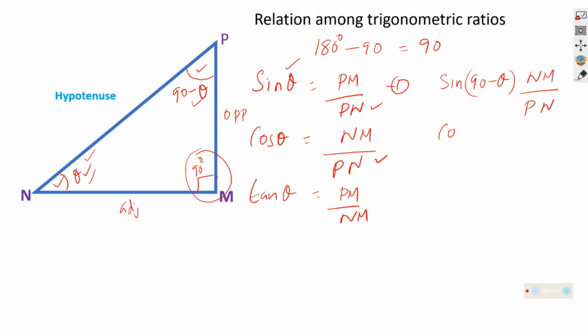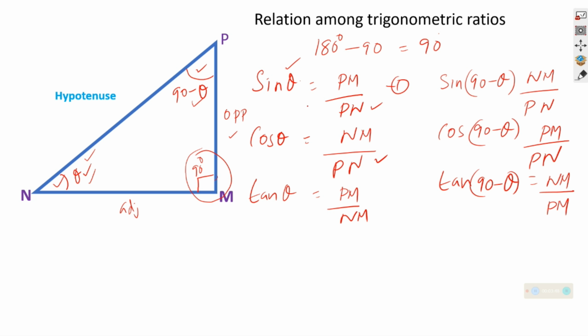Then cos of the angle 90 minus theta you will write as Pm, the adjacent side, upon the hypotenuse. Then tan of 90 minus theta will naturally be Nm, which is the opposite side, upon the adjacent side, which is Pm. You can see a relationship here.